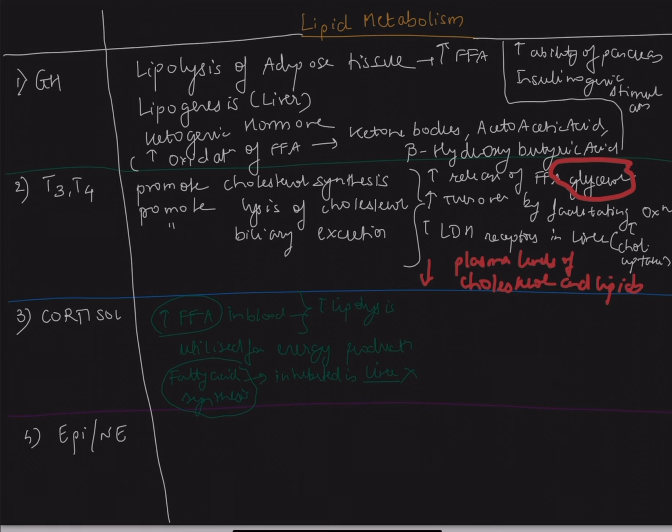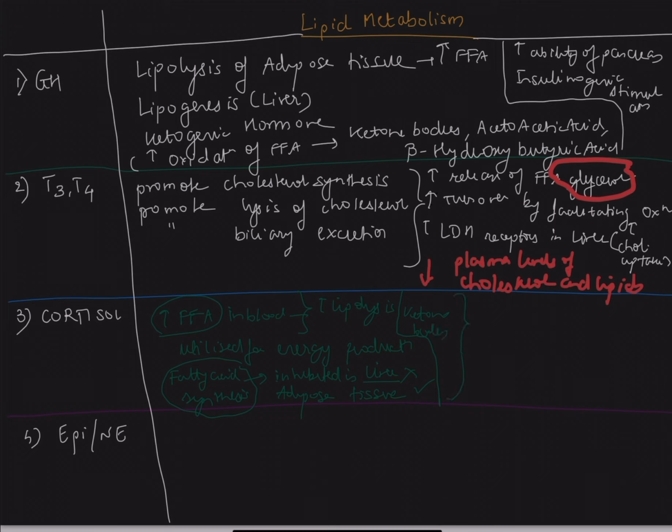That means no fatty acids are formed in the liver, but it is not inhibited in the adipose tissue. So the effect of cortisol, fatty acids are formed not in the liver but in the adipose tissue. Because the fatty acids are formed, also ketone bodies are formed.